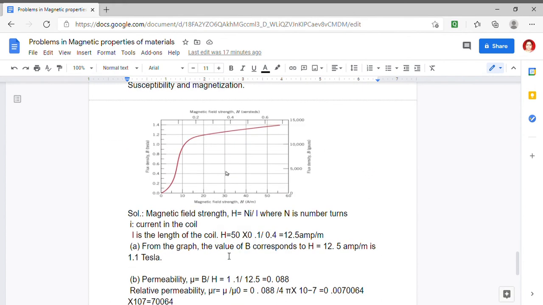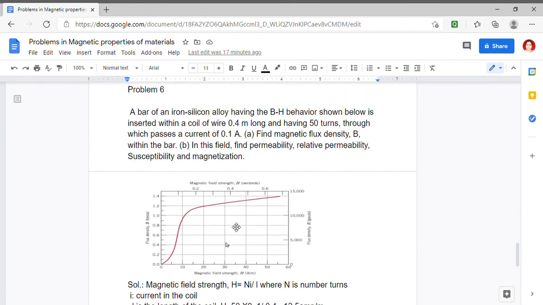Here, first of all, I am finding the value of H, that means magnetic field strength. For this, the number of turns in the coil is given to us, which is 50, and the current passing through the coil is 0.1 ampere.